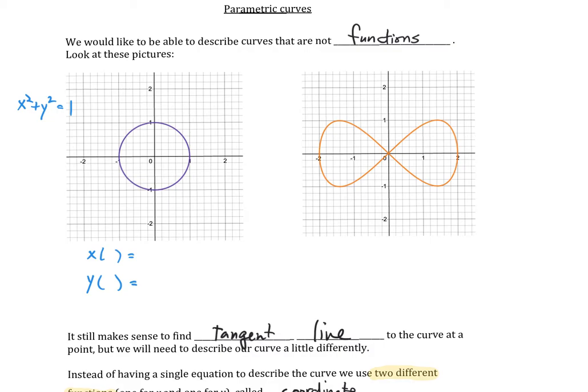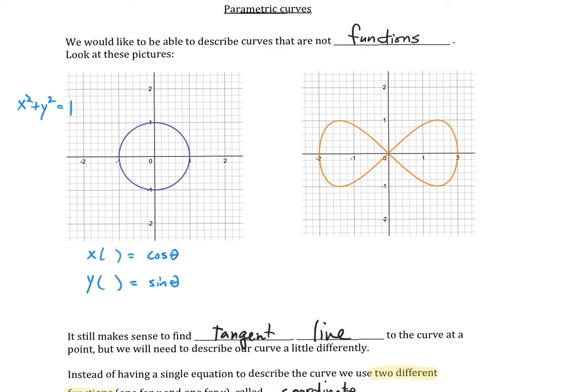And to be honest, you've actually already seen an example of a parametric curve. Because if you think about how we described different points on the unit circle when we were talking about trigonometry, we really measured an angle theta from the positive x-axis, right? So in the past, you saw stuff like cosine of theta representing x and sine of theta representing y.